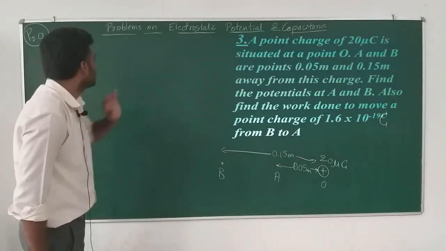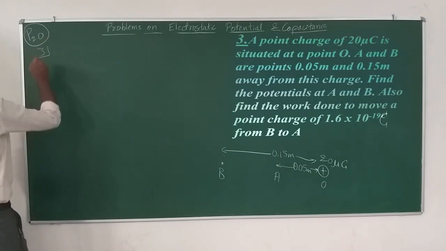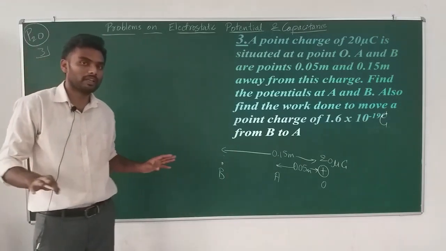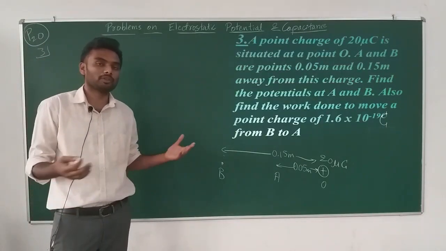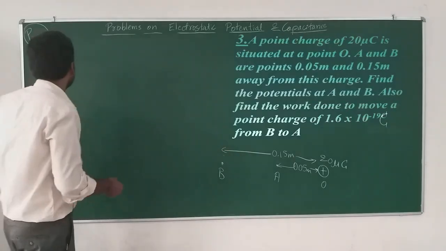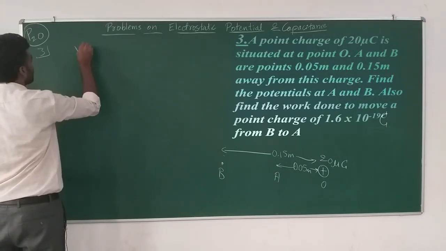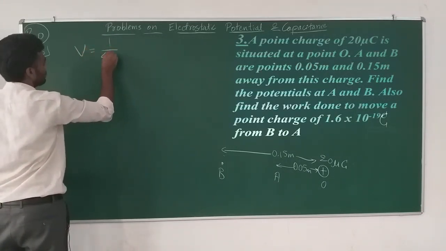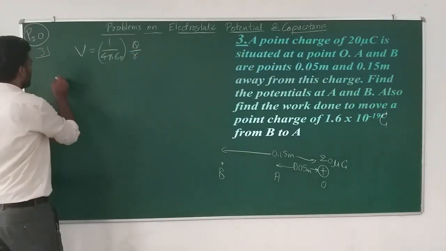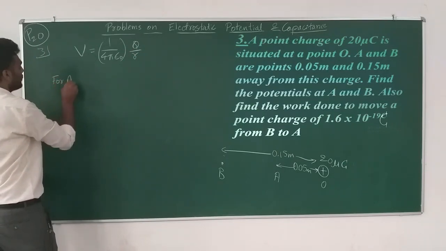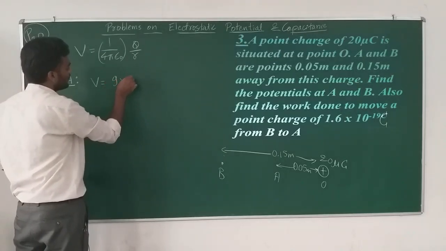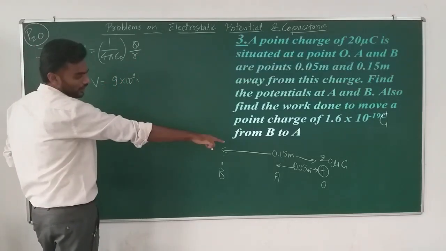Okay, first let us solve for the potentials at A and B. Question number 3. So the general formula, let me write the general formula once, that would be enough, and hence we can make use of the same formula for both the situations, both for point A and for point B. Now the general formula for potential is V is equal to 1 by 4 pi epsilon naught Q by R. So now for point A, V is equal to 1 by 4 pi epsilon naught, which is 9 into 10 to the power of 9, into charge.